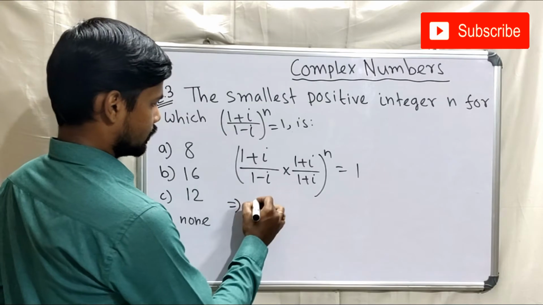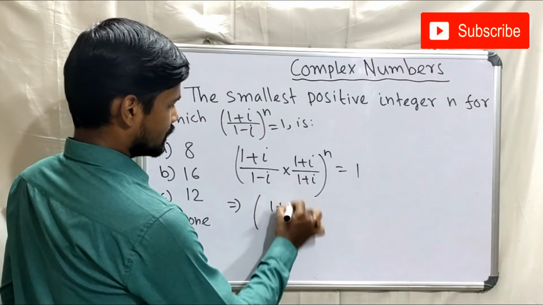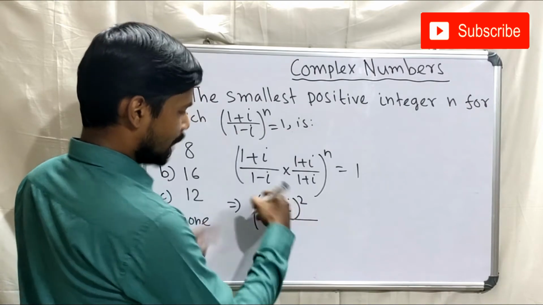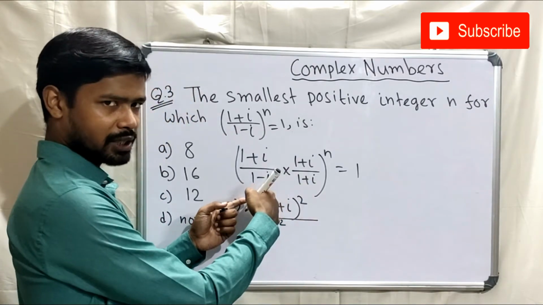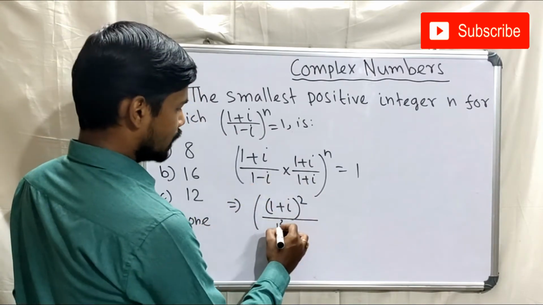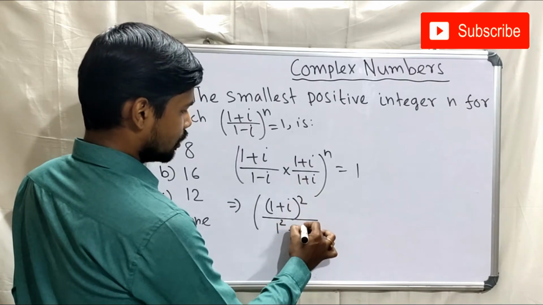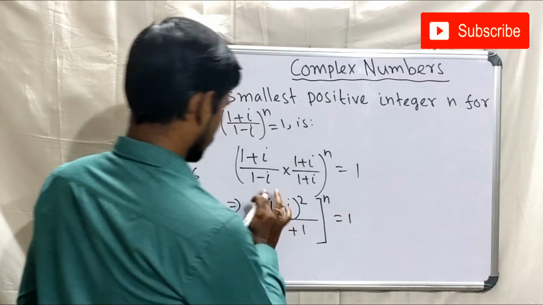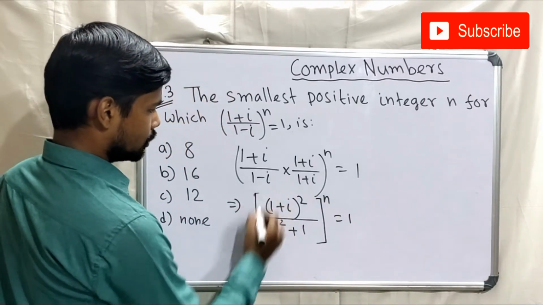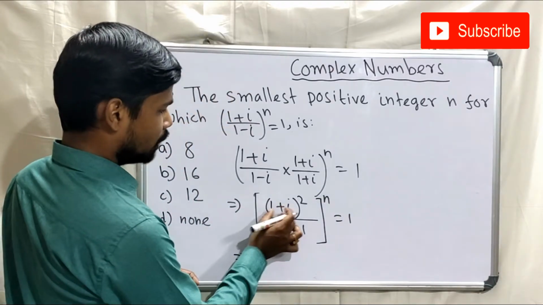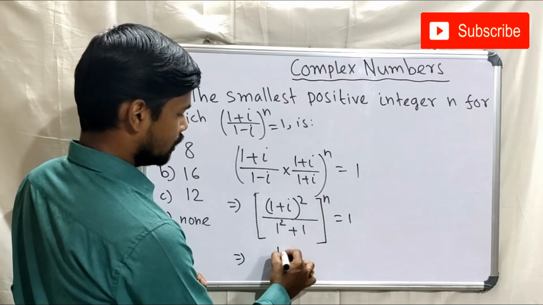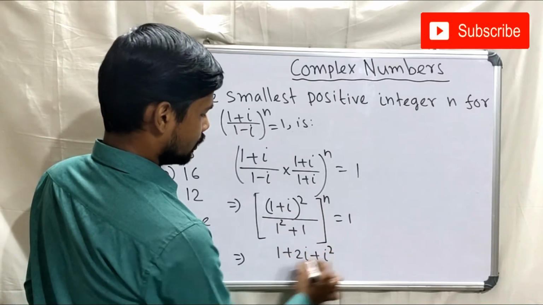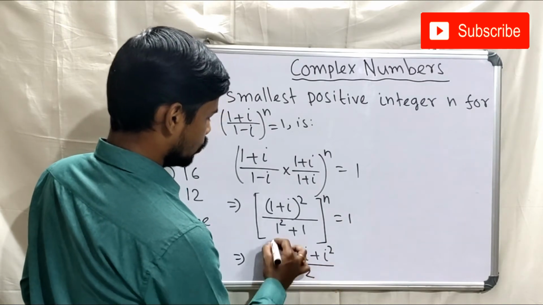This implies (1 plus i) whole square by 1 square minus i square, using a plus b into a minus b equals a square minus b square, whole to the power n equals 1. So (1 plus i) whole square means 1 plus 2i plus i square, divided by 2.